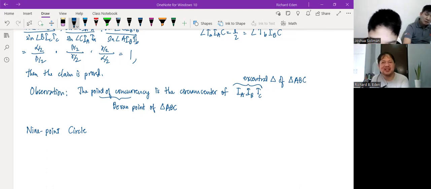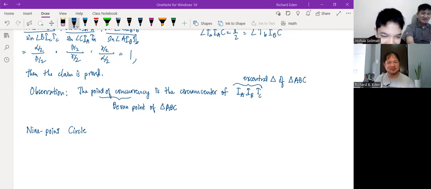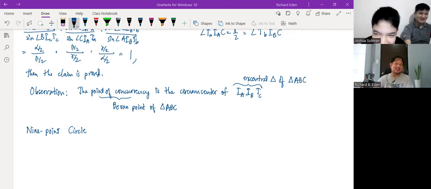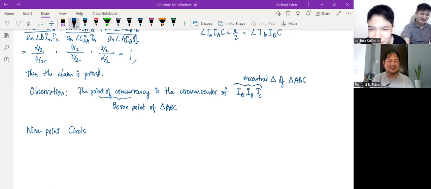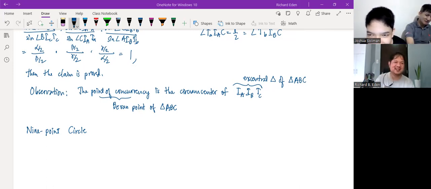It just happened to have 9 prominent points. So it should be called the 9 prominent points circle instead of the 9-point circle. Okay, 9 famous points circle, because as a circle it should have infinitely many points. So maybe 9-point nonagon, a curved nonagon, sort of.